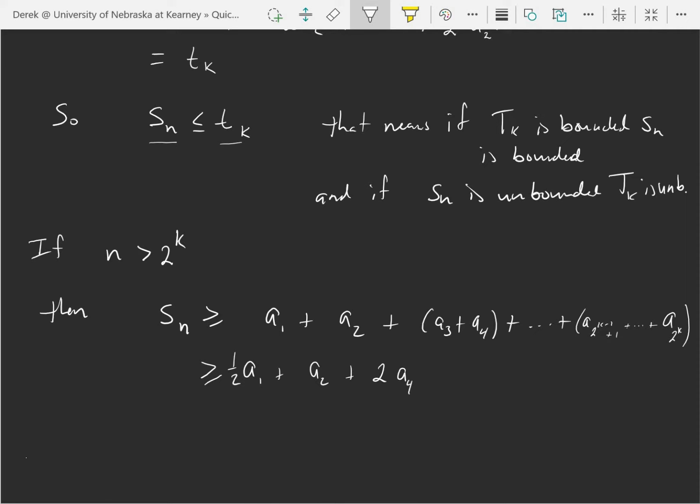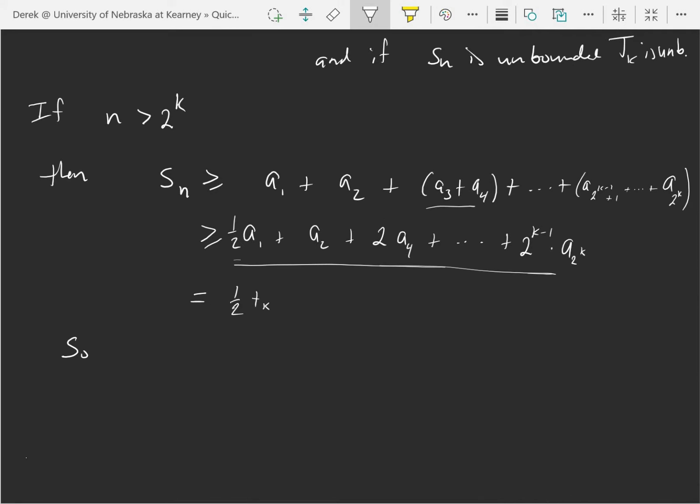A sub 3 is bigger than a sub 4, so this is bigger than 2a sub 4 plus ... plus 2 to the k minus 1 times a sub 2 to the k. Now each of these is half as big as what it would be in t sub k, so this is equal to 1/2 t sub k.